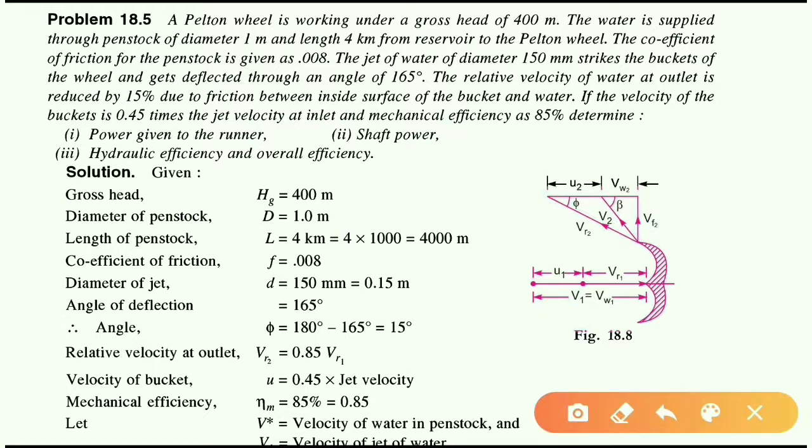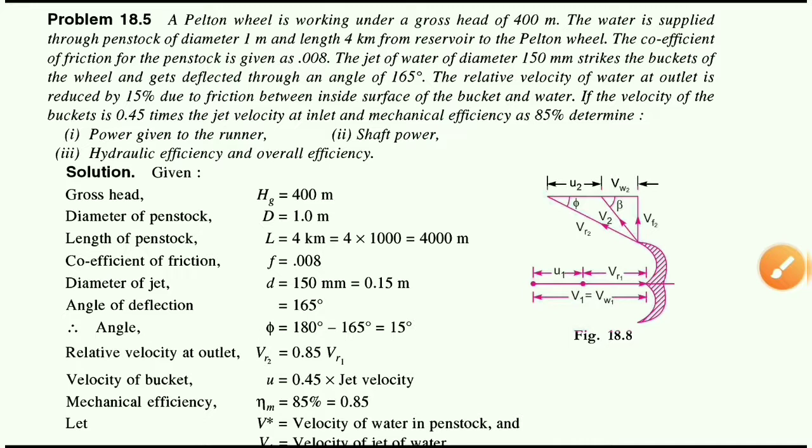Coefficient of friction is also given for this penstock with the water. It is 0.008. Diameter of the jet is given as 150 mm. So after leaving this penstock, a 150 mm diameter jet is striking the Pelton buckets.